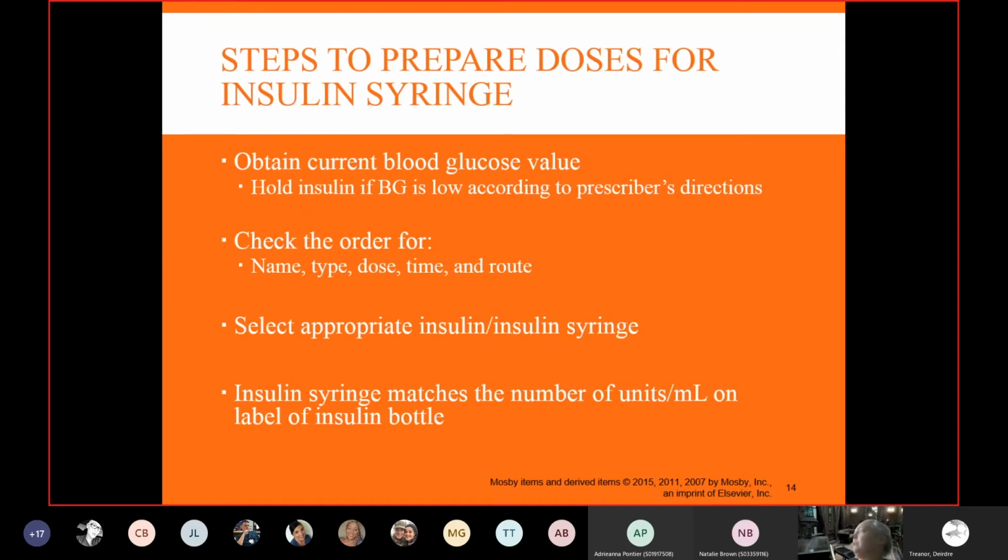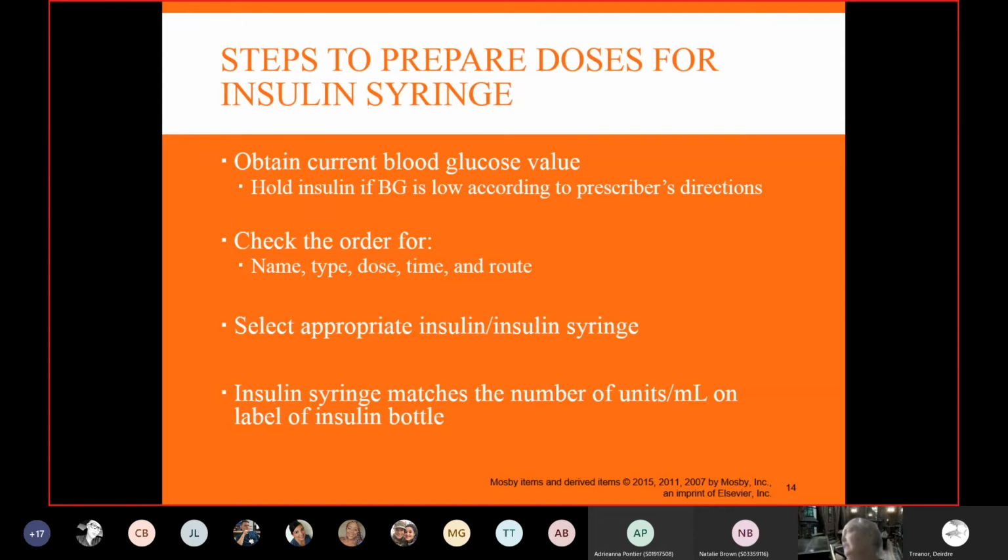So, steps to prepare doses. You want to make sure you're checking your blood sugar values, of course, because you'd really hate to give insulin when their blood glucose is too low, according to the prescriber's instructions or the facility's policy. You would hold the insulin and call the doctor for any directions if there aren't any instructions.